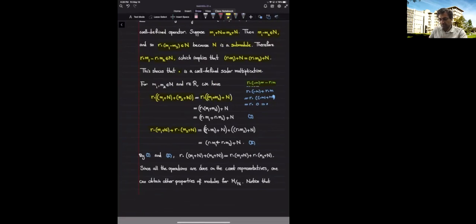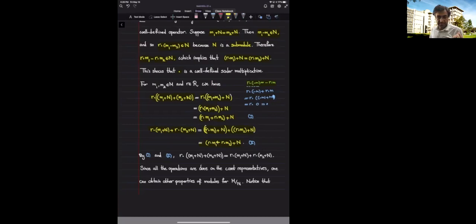It means that I have to multiply R by some coset representative and then look at the coset. Now I can use the property of M being an R module and use distribution on the module side and write R times m1 plus R times m2 and then look at the coset. Similarly, I can do the same for these terms. I end up getting that this is the same as R times m1 plus R times m2 plus n.